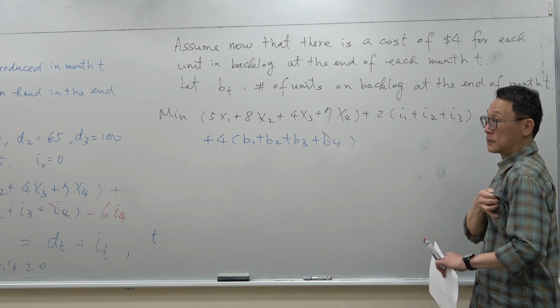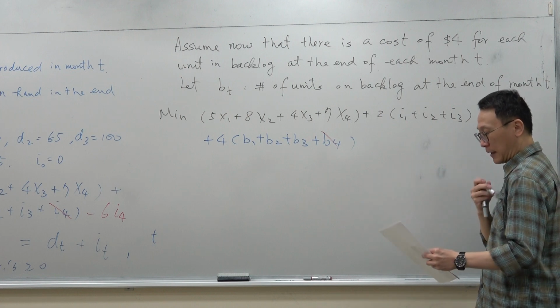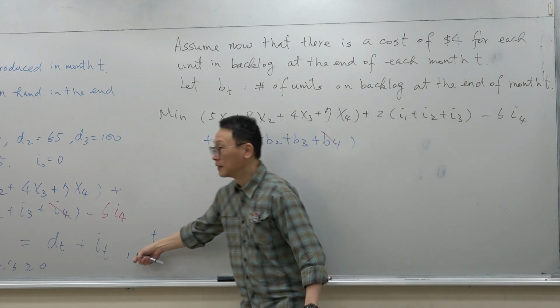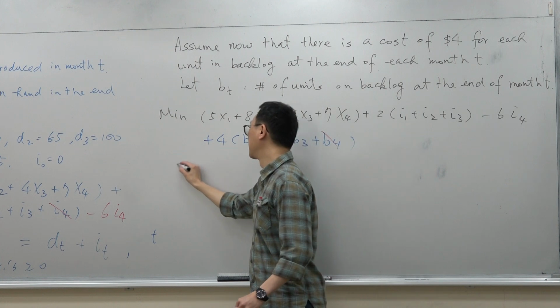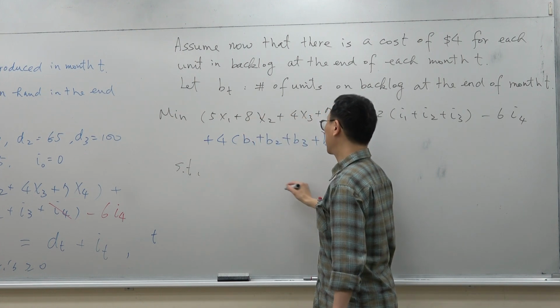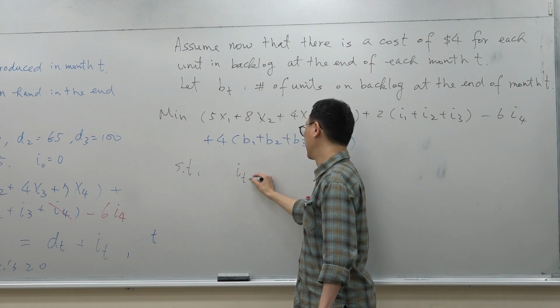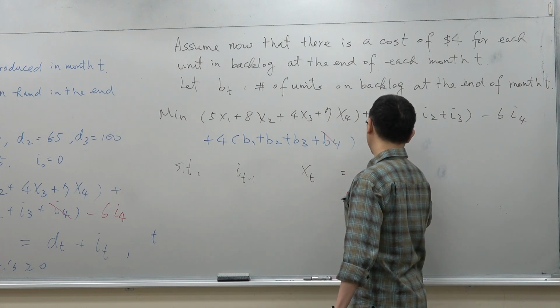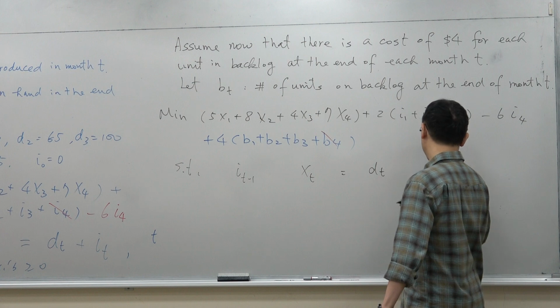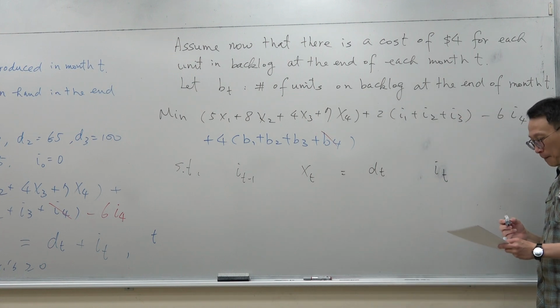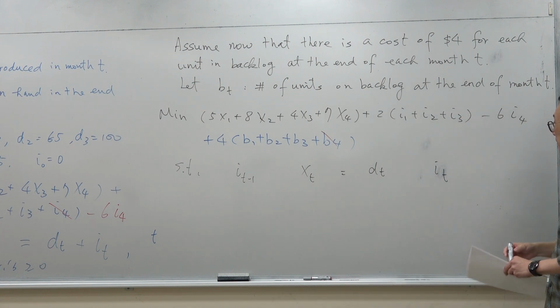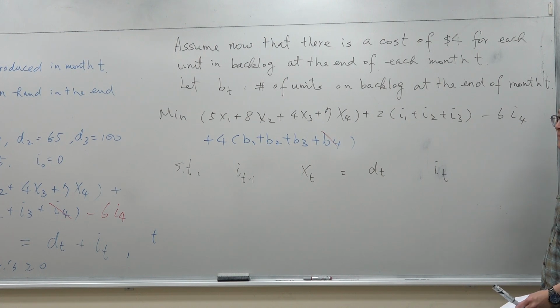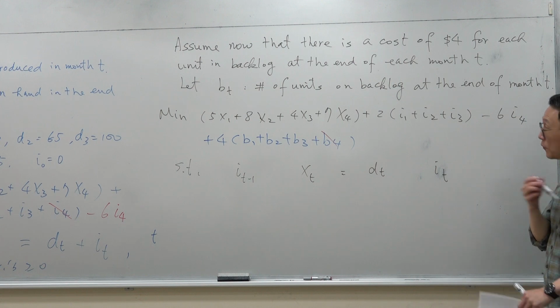Okay? So how can I write down this constraint? Previously, we had I_t equals I_{t-1} plus P_t minus demand. And right now we have a new case.